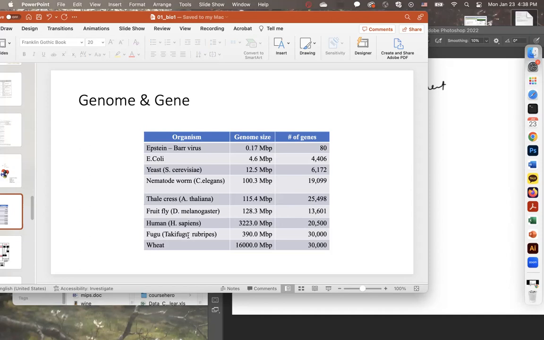The fugu, the fish, actually has more genes than humans, and wheat has a humongous genomic size. So you don't see that many wheat gene sequences constructed. The rice also has a much longer genome size than humans.